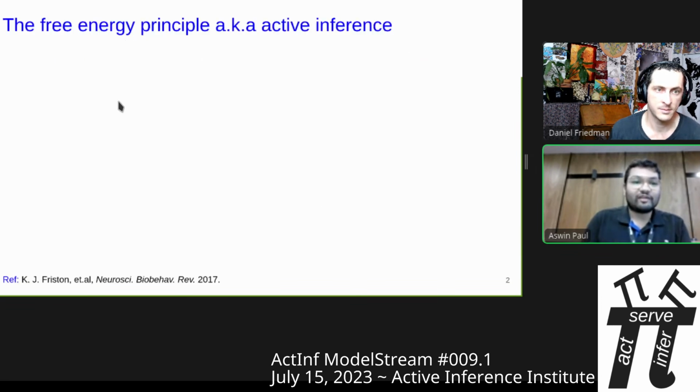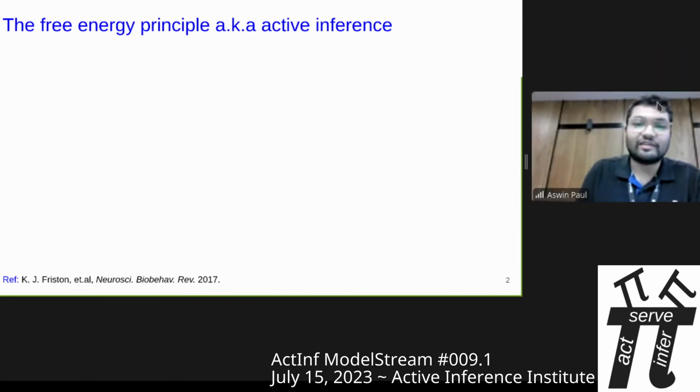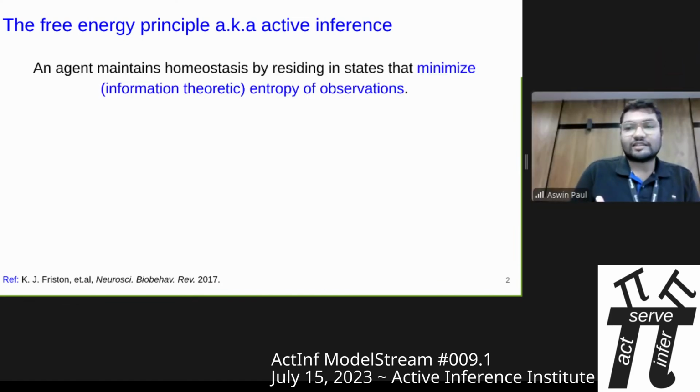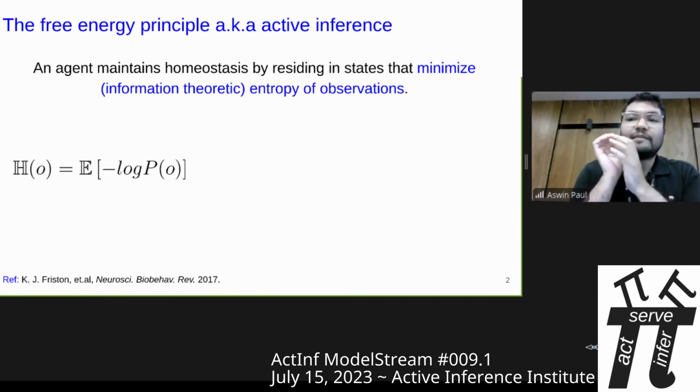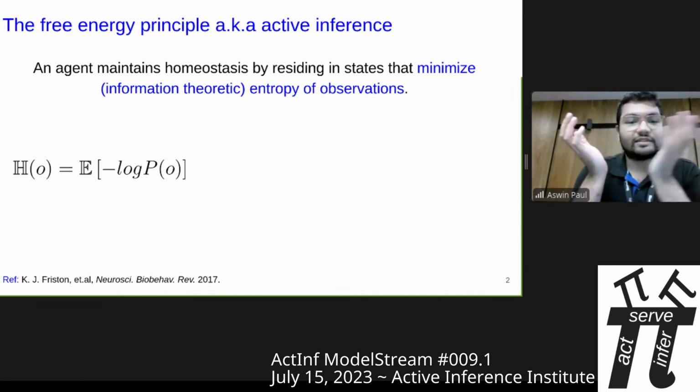So we're all familiar with this idea of the free energy principle, which is also known as active inference, right? The central concept is that an agent minimizes entropy of its observation to maintain homeostasis or survive in its environment. And here the entropy is defined in the information theoretic sense, right? So if an observation is highly probable, that is less entropic or less surprising because we were expecting it.